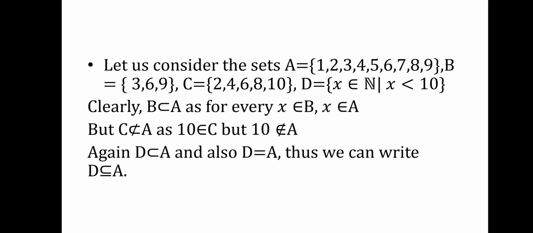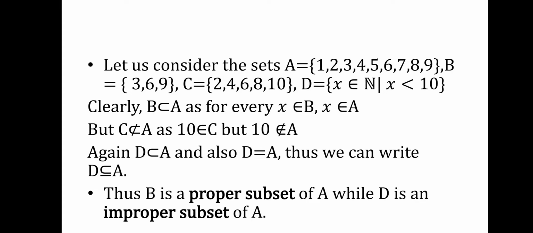So this symbol is used to represent a set which can be a subset or which can be equal to a set. So therefore this is a combination of a subset symbol and an equality symbol punched together to form this symbol. Fine.